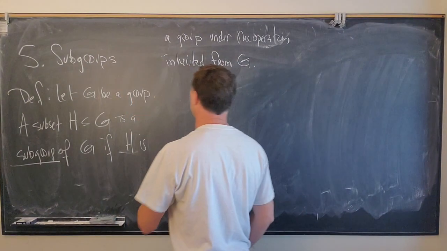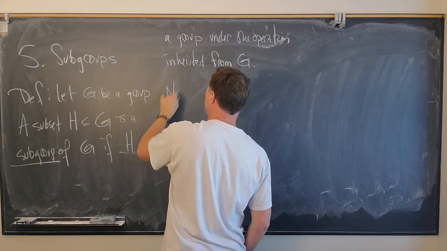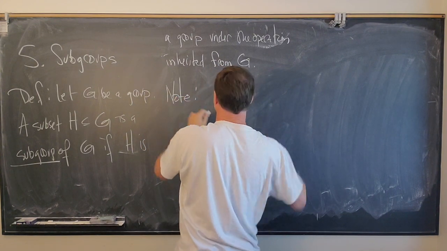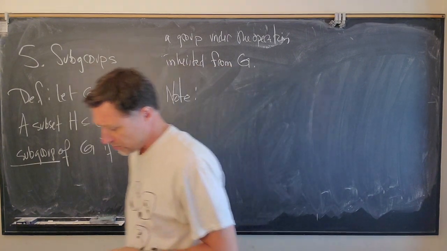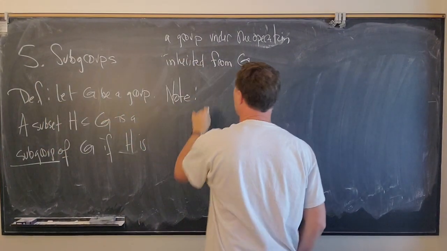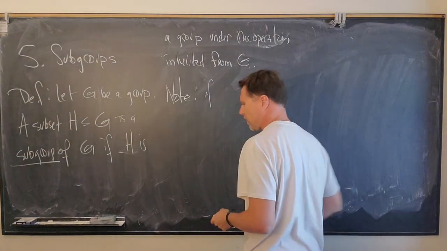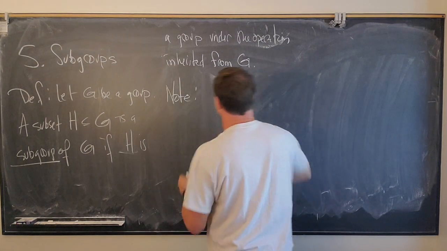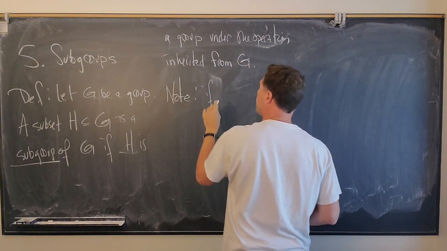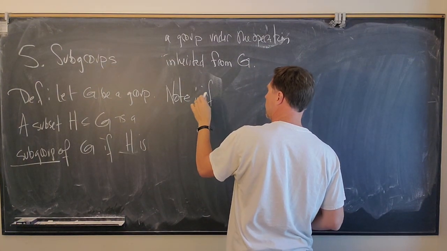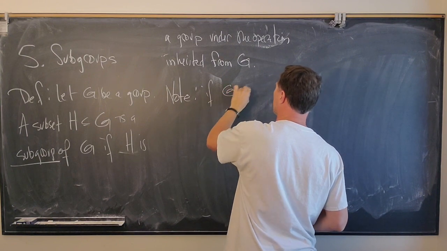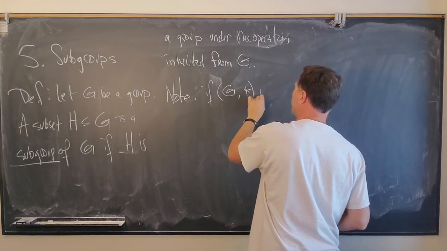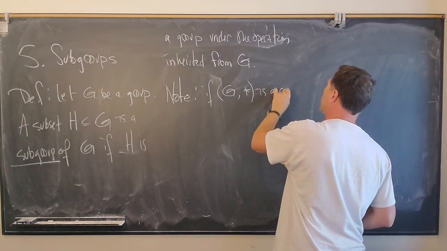So we should be very careful here, right? So that's the end of the definition, but I just want to give this note, right? If G, and I'm going to use a symbol for the operation now, if G star is a group, right?